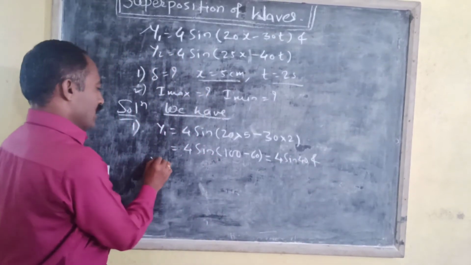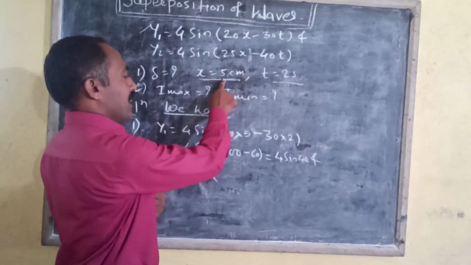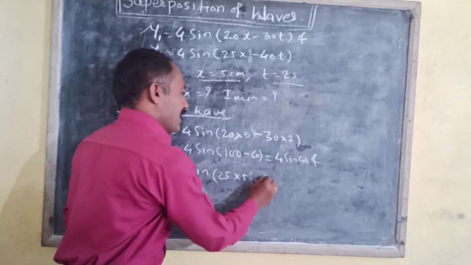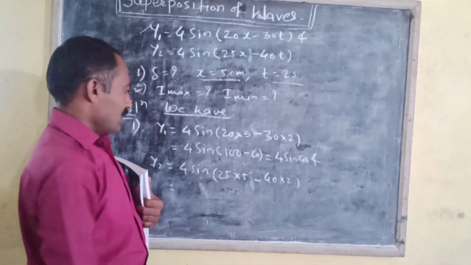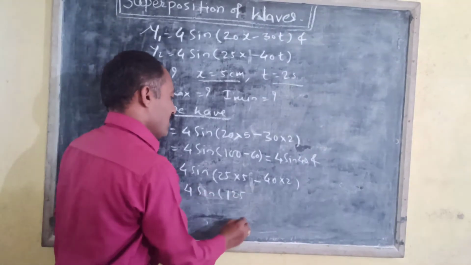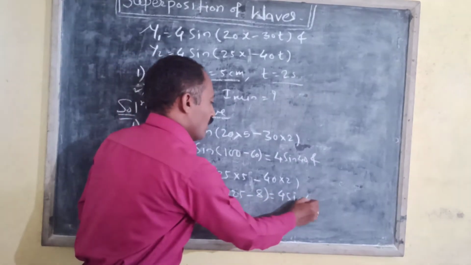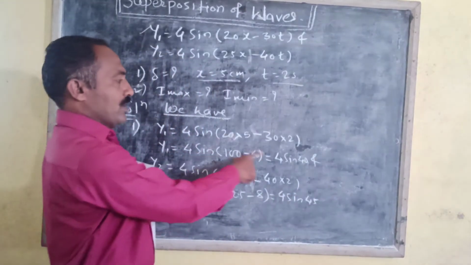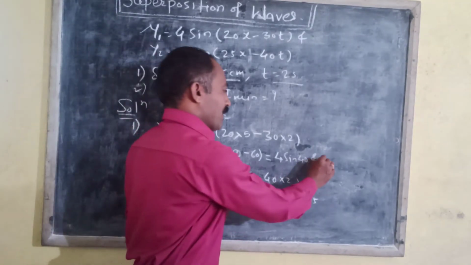And y2 is equal to 4 sine (25 multiplied by 5 minus 40 into 2). We get 4 sine (125 minus 80), equal to 4 sine 45. Means here y1 is equal to 4 sine 40 and y2 is equal to 4 sine 45.